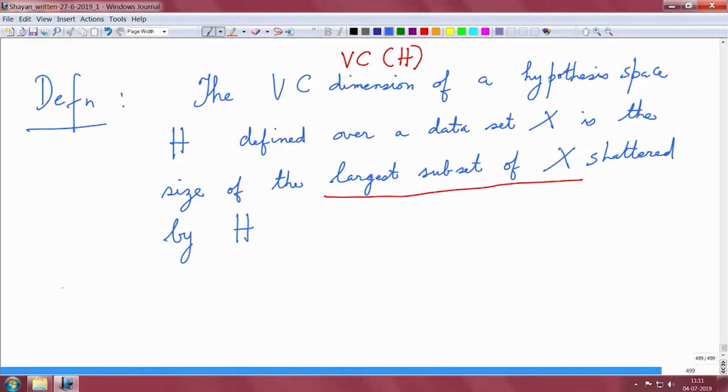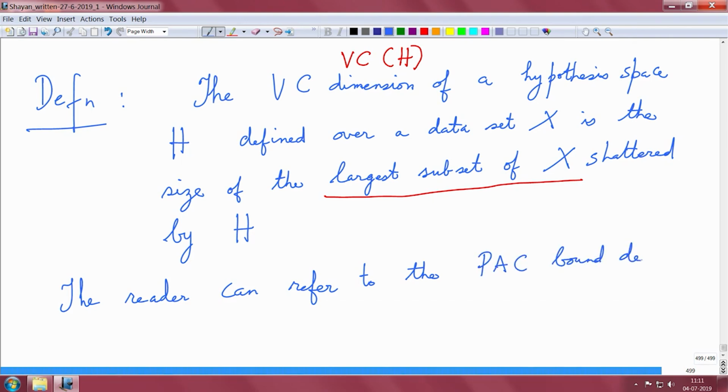So, let me write it up here. The reader can refer to the PAC bound derivation. So, this PAC stands for probably approximately correct.